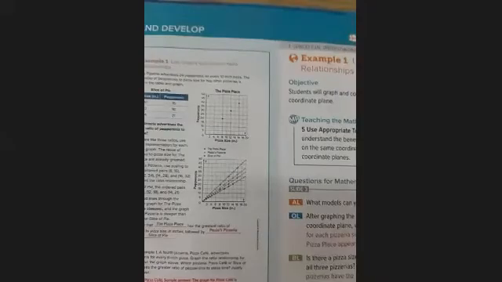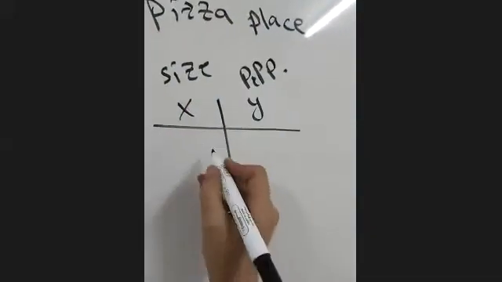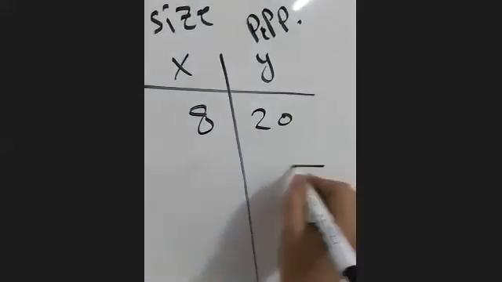I will take Iyad Nasser. Iyad, you are 6D, not 5D. What are the coordinates of this point here? 8 and 20. Right. Do not take the y then the x, guys. We take the x of it, then the y of it. So it is 8 and 20. So I will write here, guys, in the Pizza Place, 8 and 20.